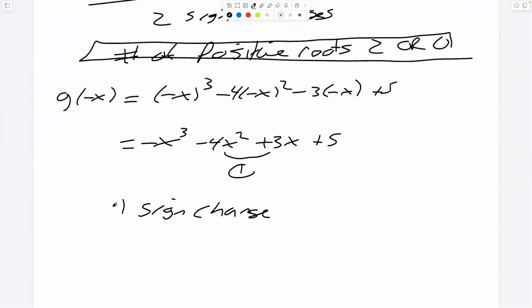So if, let's just pretend here, say I had gotten 9 sign changes, then the number I might have would be 9 or 7 or 5 or 3 or 1. However many sign changes you have, you start with that number and you keep subtracting 2 until you can't subtract 2 anymore without going negative. That's not what we had here, though. We only had one sign change.